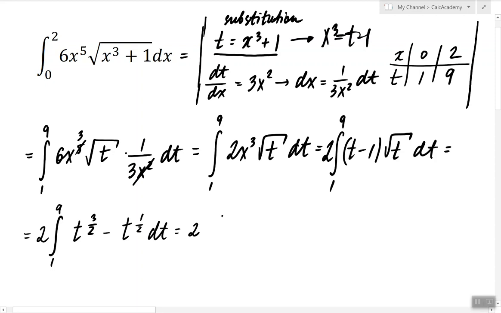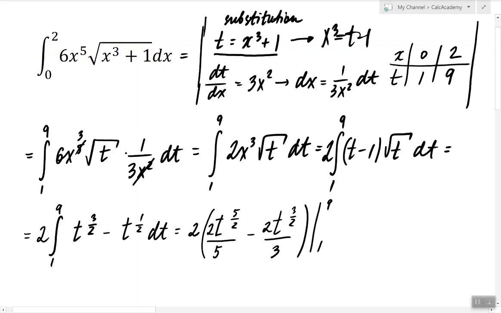So it's going to be t to the power of 5 halves over 5 halves minus t to the power of 3 halves over 3 halves, and all that we evaluate between 1 and 9.